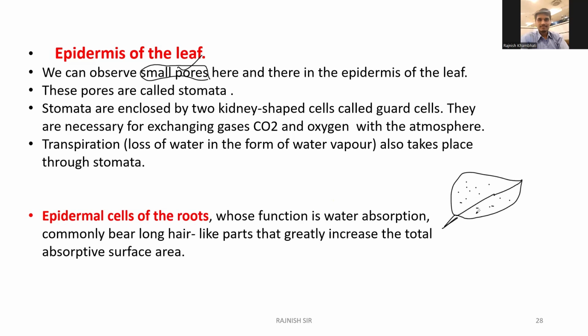And if I look this pore under the microscope, I can see it looks like this. It has two kidney-shaped structure, which is known as guard cells. In the center, there is a pore present called stomatal pore, and the guard cells are surrounded by some helper accessory cells like this.